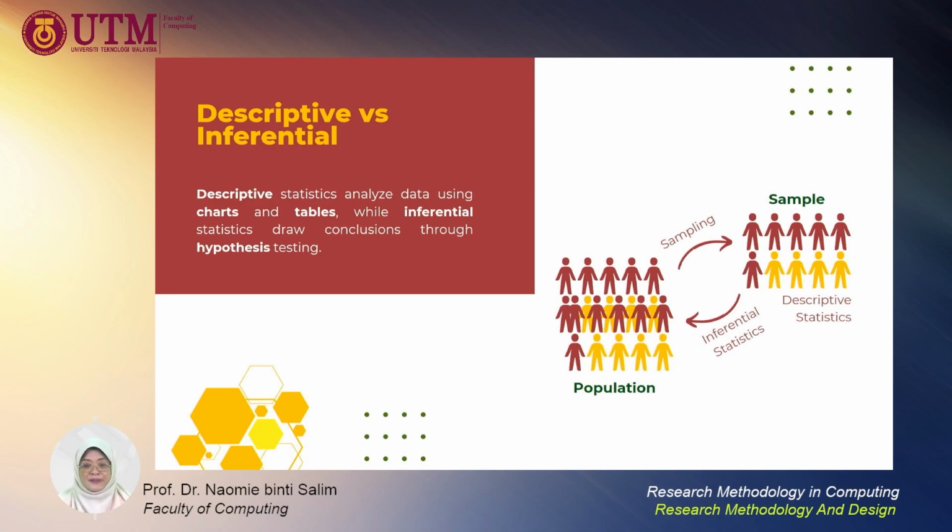Then from the sample, you apply statistical measures to get statistical features about the sample. Then the statistical measures or features that you obtained from your sample can be used to infer statistics about the actual or original population from which the sample was taken.